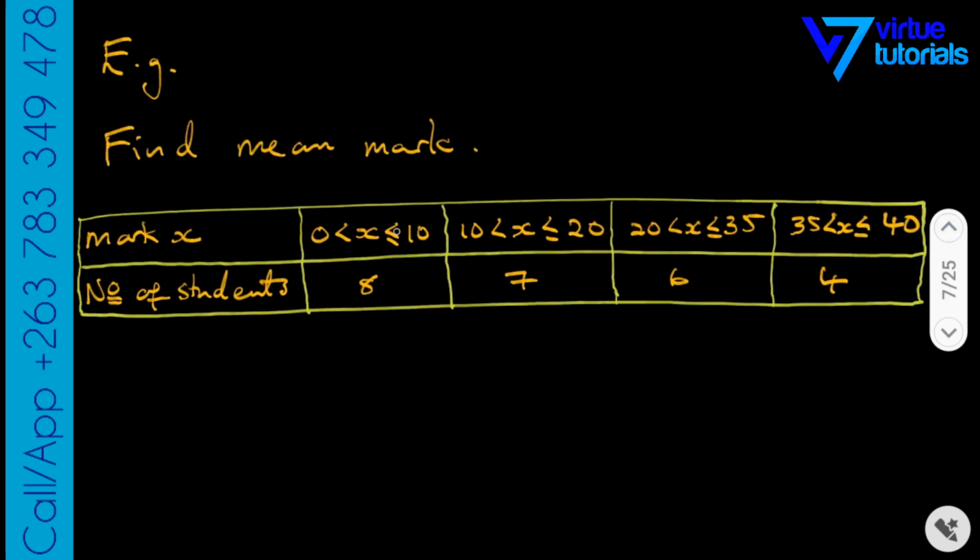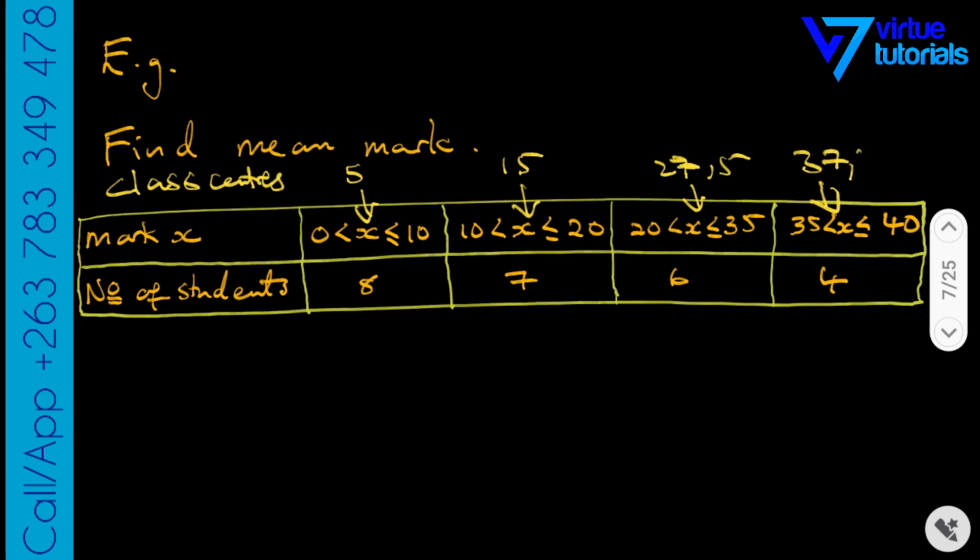So the first thing to do is to look for our class centers for all these classes. 0 plus 10 divided by 2 gives you 5. 10 plus 20 divided by 2 gives you 15. 20 plus 35 divided by 2 gives you 27.5. 35 plus 40 divided by 2 gives you 37.5.